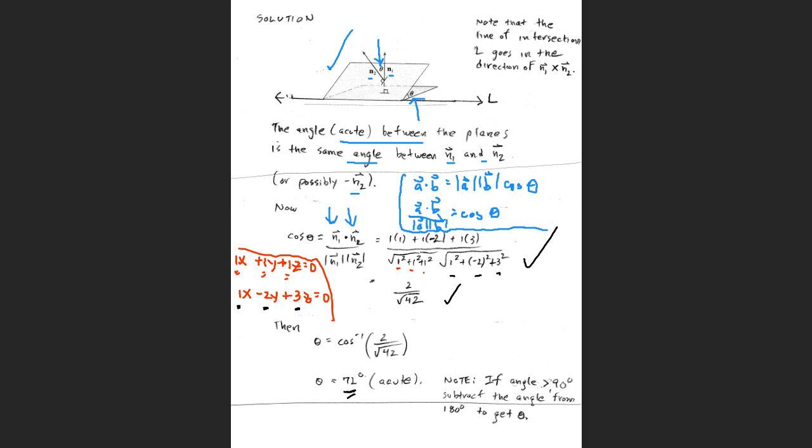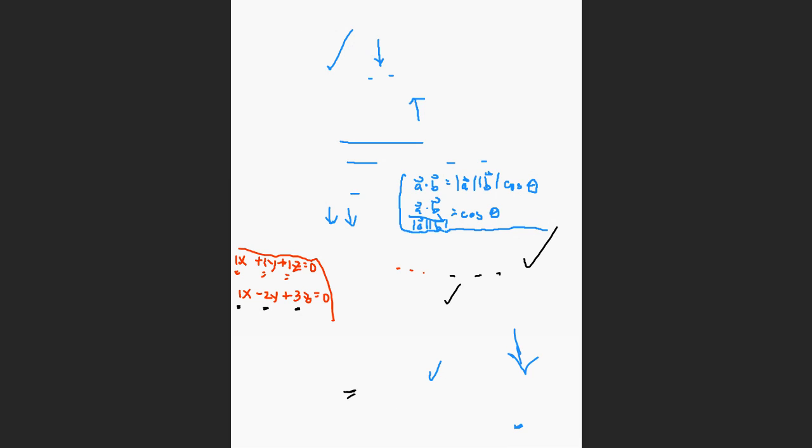So you have to be careful with that. So obviously, if our angle theta were larger than 90 degrees, we would subtract the angle from 180 degrees to get our angle theta. But we're happy. We got an acute angle right off the bat.